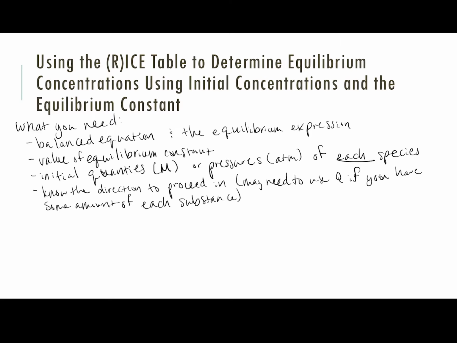Okay, so after you have this information, you can go through and you can make out your ICE table, or make your RICE table, where you're going to have your balanced equation at the top, and then your initial concentrations will go in there, and then you'll also have your equilibrium expression as well.